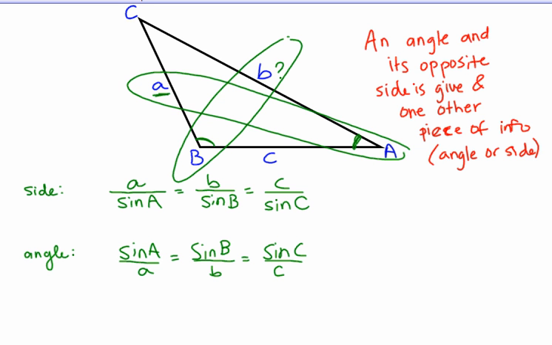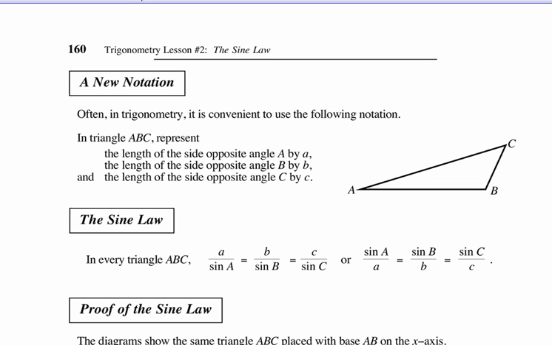If I was looking for side B then, and I know side A and angle A and angle B, I would use this ratio. And so we're going to often make this X. Let's look at your notes for a moment. So in your notes, remember that opposite angle A is side A, opposite B is side B, and opposite angle C is side C.